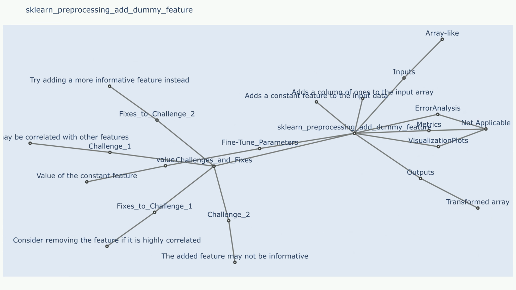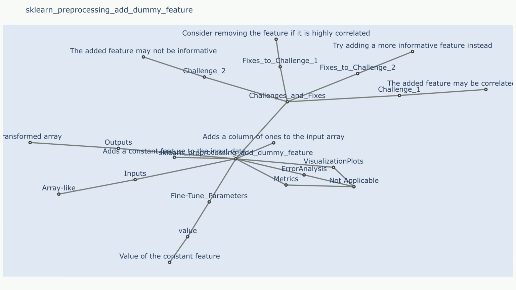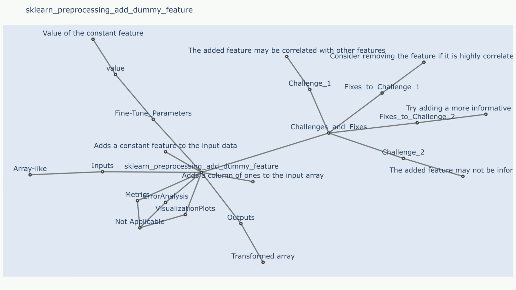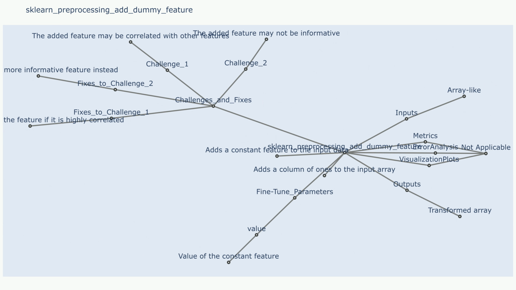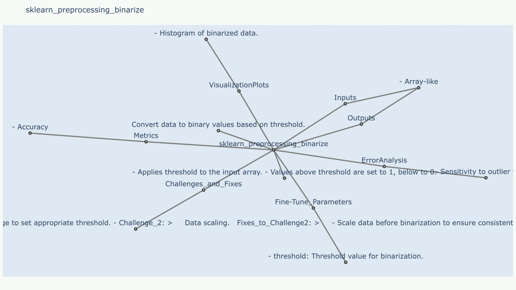The default value is 1.0, but you can adjust it based on your specific requirements. Uncertainty methods. This function does not handle uncertainty. Challenges and fixes. Challenge 1, none. Challenge 2, none.